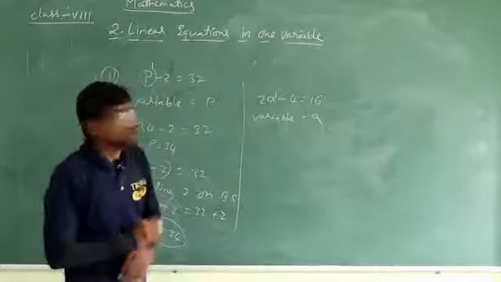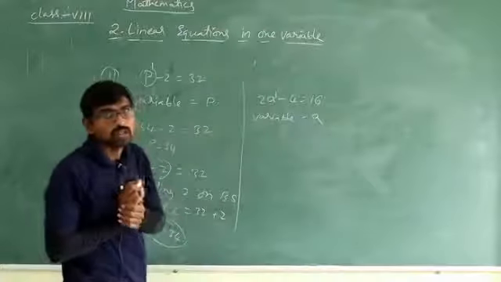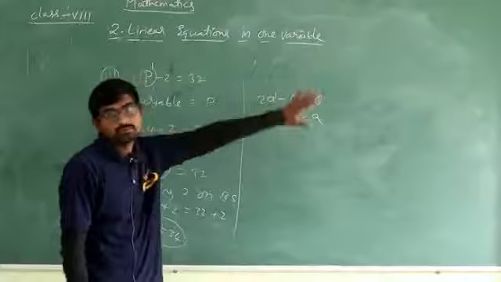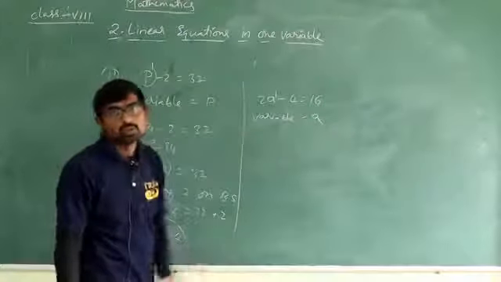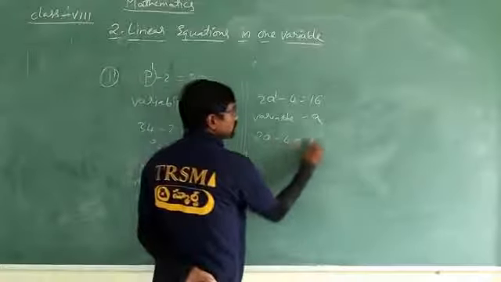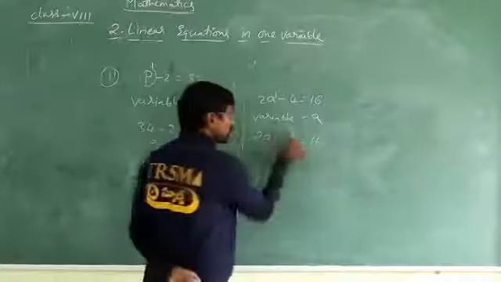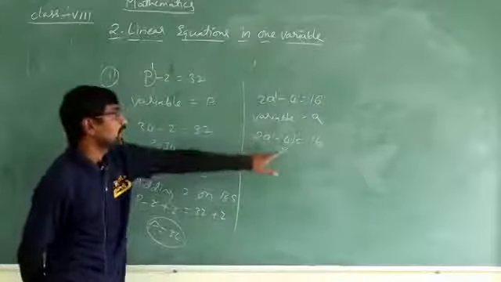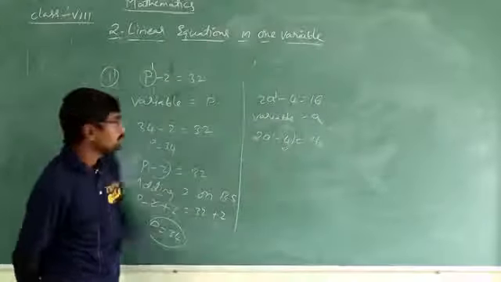Now we have to solve for the value of this whole thing. I have already told you, we have to keep the variable and remove all the others, however it is possible. So here, 2a minus 4 is equal to 16. First I have to remove this 4. I have to keep the variable and remove this minus 4.